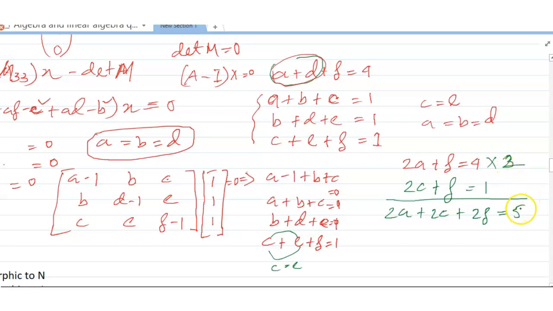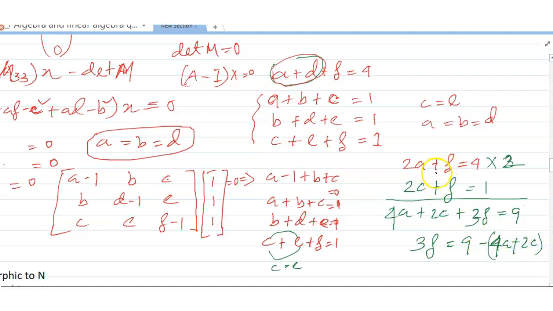So I can get 9 here, and here I can get 3f. 4a plus 2c is equal to 3f, so 3f is equal to 9 minus 4a minus 2c.